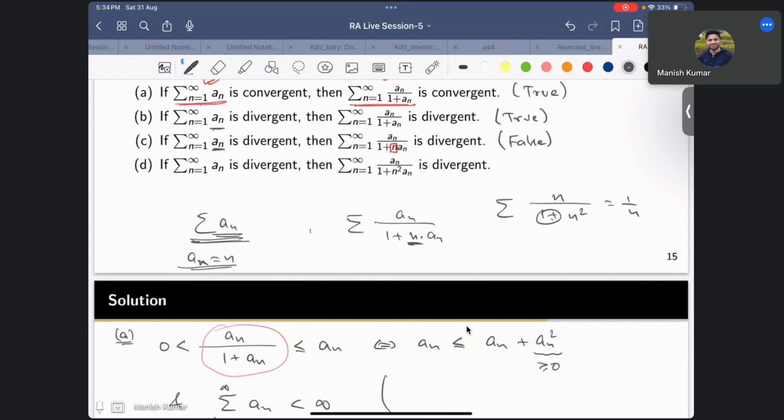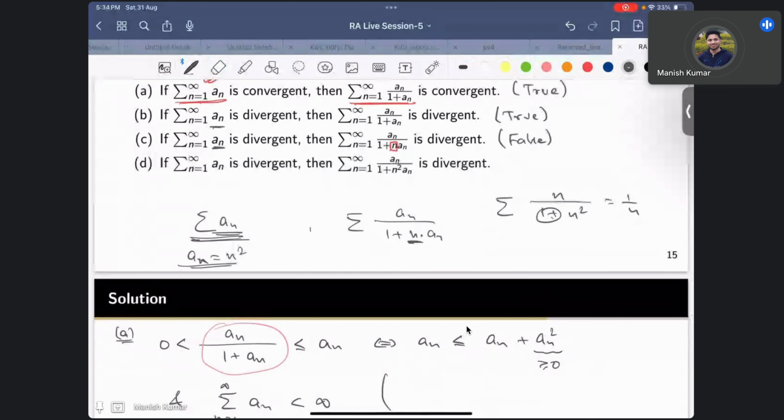If you notice carefully, even if I take a_n equal to n square, here I'll get n square and here I'll get n cube. I'm forgetting about this 1 as of now, because this is just a constant translation. The n and a_n are also always going to cancel, so whatever a_n you choose, you will get 1 by n only, if you forget about this 1.